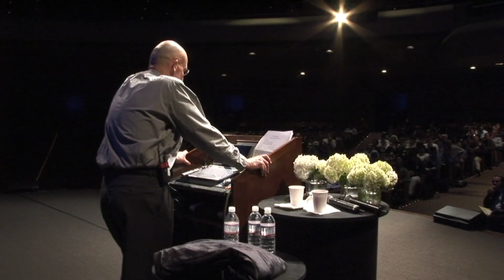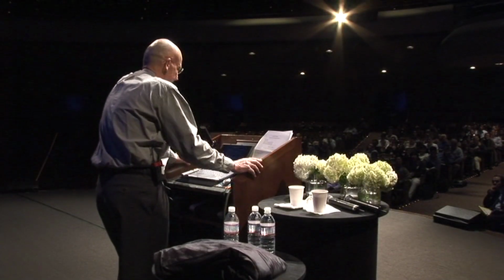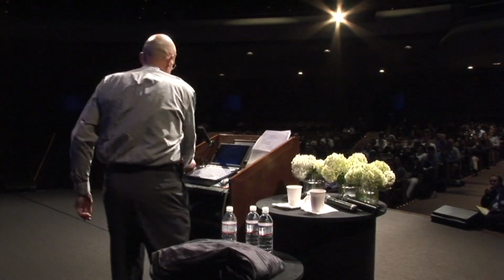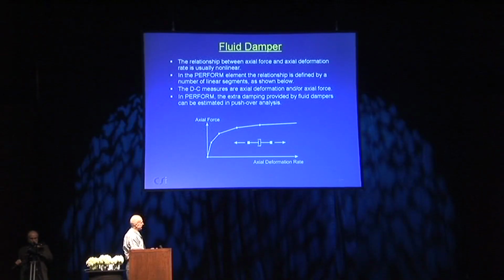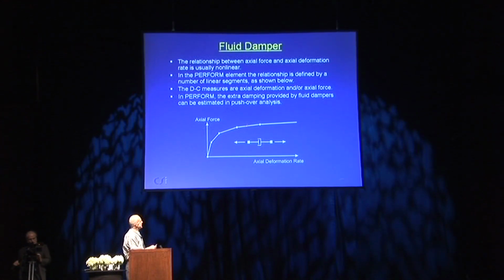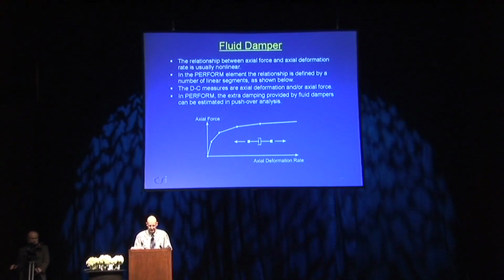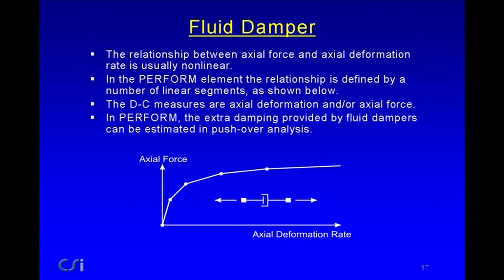In Perform, the relationship between axial force and axial deformation rate is defined by a number of straight line segments. The usual thing is to have a curve in here, but you approximate this curve with a number of straight line segments. The demand capacity measures can be either axial deformation or axial force, probably both actually.